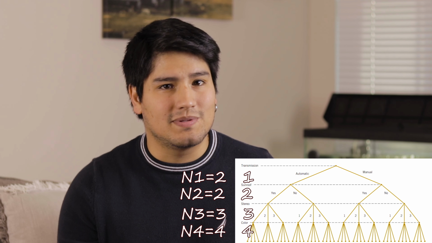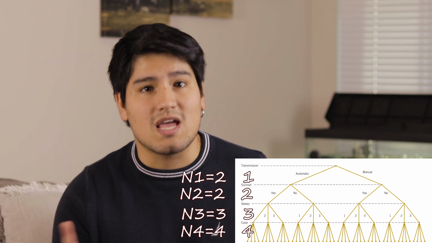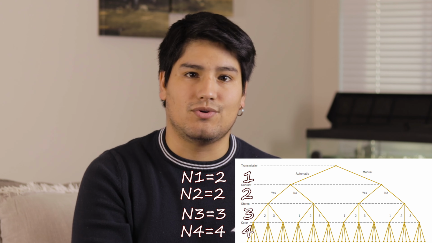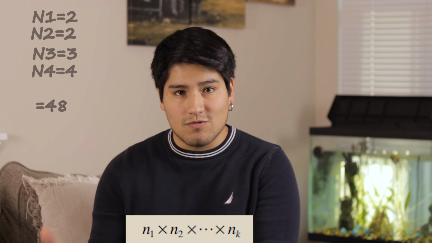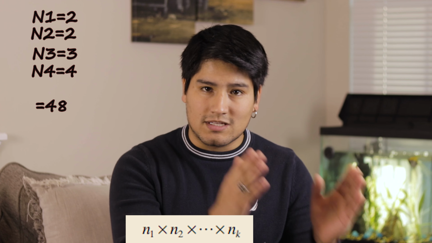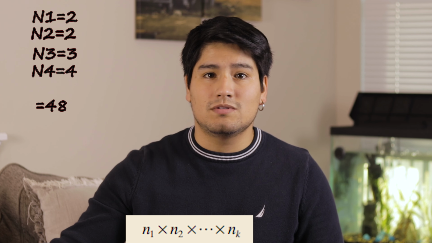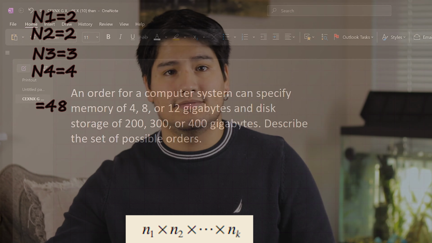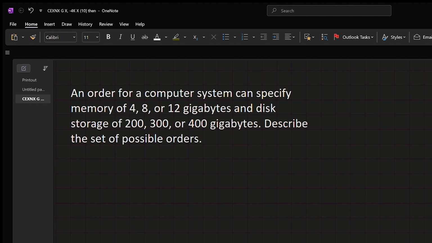The number of ways to complete step 3 is n3 for each way of completing step 2. Therefore, the number of ways of completing the operation is n1 times n2 times n3 and so on up until nk.